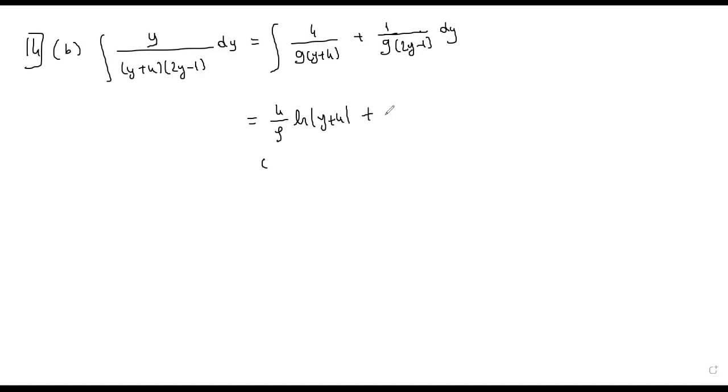And plus 1 over 9 ln of 2y minus 1 over 2 by substitution. It's easy. Let's call this 2y minus 1 s. Then you will find the differentiation and you will see that it will be equal to that. Okay, I will not mention it again. It's easy. Plus some constant we have.